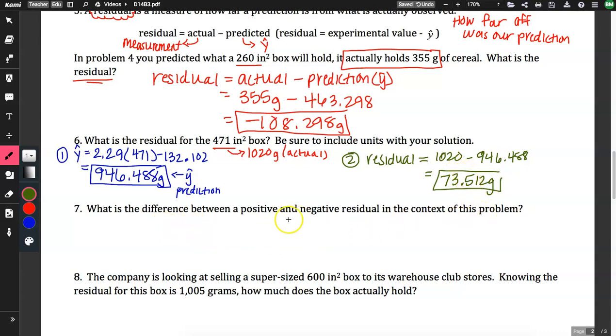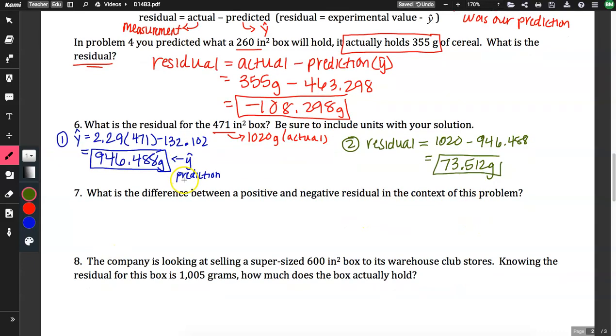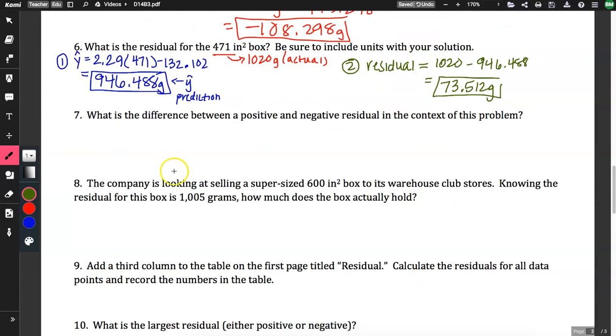What is the difference between a positive and negative residual in the context of this problem? We'll talk about this a lot with our residual situations because it really matters. If you're working in a business and you're doing some statistical analysis for them, you need to be able to go to the people in charge and say, hey, this is the data I found, here are my residuals, and here's what they mean.